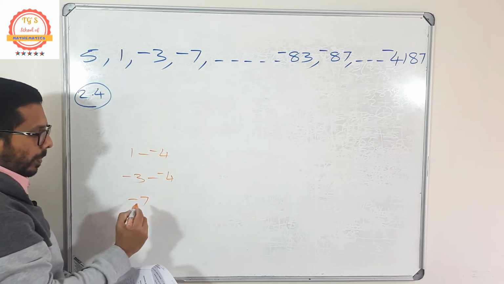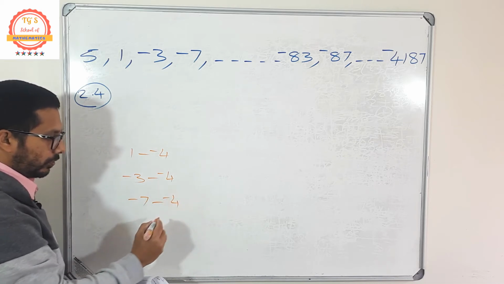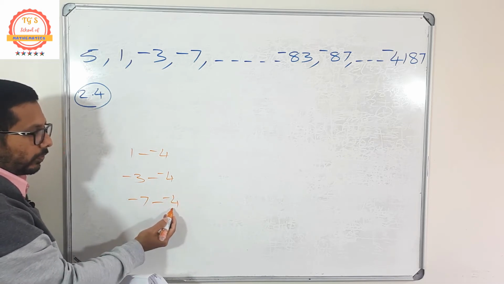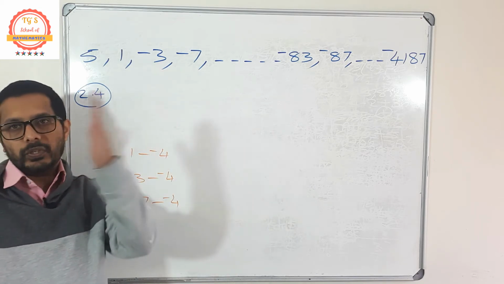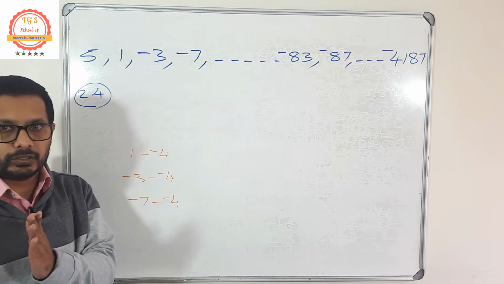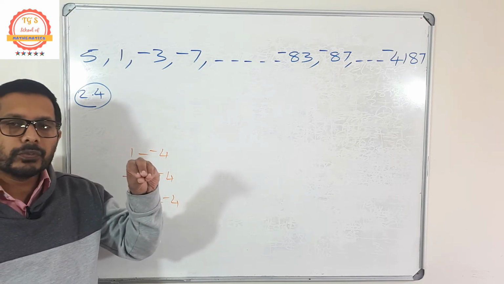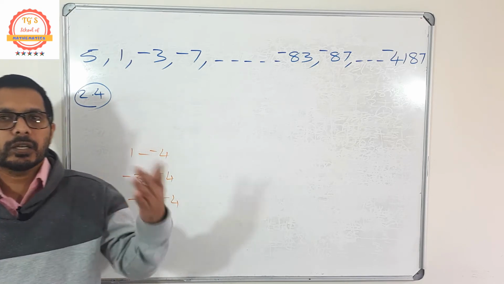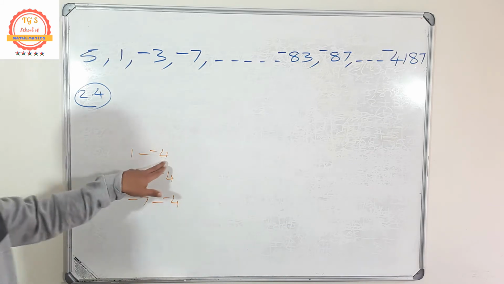Minus 7 minus, what is the common difference? Minus 4. That means minus 7 plus 4 is minus 3. Okay. So it means that to get the previous term, you have to subtract the common difference. Do you understand? Okay. So don't forget that: if a number is divisible by 5 the last digit must be either 0 or 5. And also to get the previous term, you have to subtract the common difference.